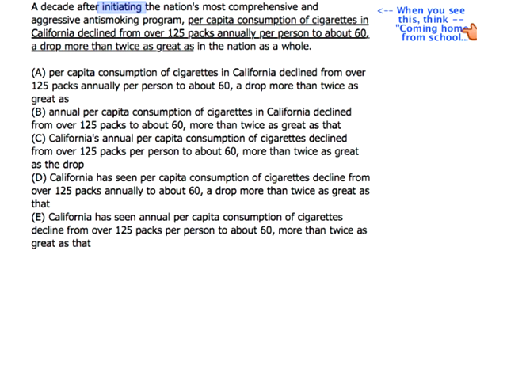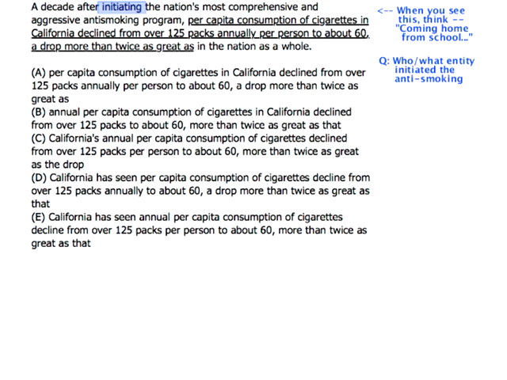So the question boils down to who, or what, initiated the nation's most comprehensive anti-smoking program. What's the answer to that? What needs to come after this? Yeah, right, the state of California. And you basically have options here to pick from. The question in your mind should be who or what entity initiated the anti-smoking program.